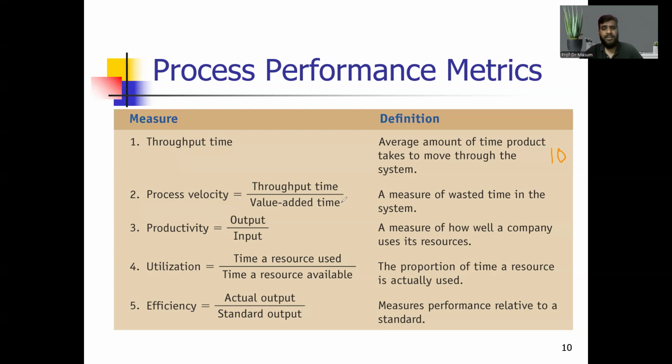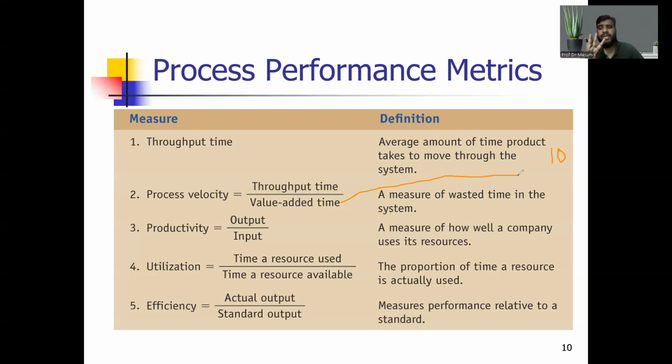But for value added time, actually, the workers went to the washroom. Average washroom time is 1 minute. There may be a machine breakdown problem. On average, say we found the machine breakdown time is another 1 minute. Another problem is the raw material crisis. Raw material was not available on time.